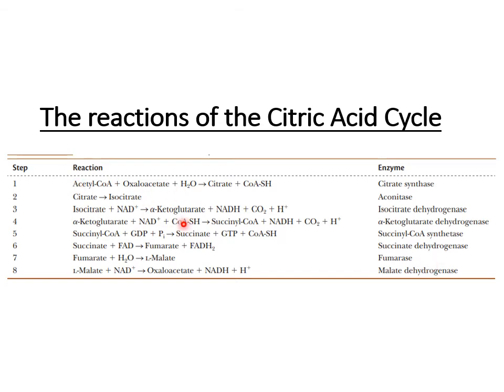I'm not going to make you memorize every single step, but I do want you to make note that FADH2 and NADH are made in the citric acid cycle because FADH2 and NADH are going to be very important in a couple of slides. And I want you to recognize the enzymes that are involved. So when you see something like citrate synthase, that is part of the citric acid cycle. But like I said, you're never going to have to write out or memorize each of the steps that you see here.